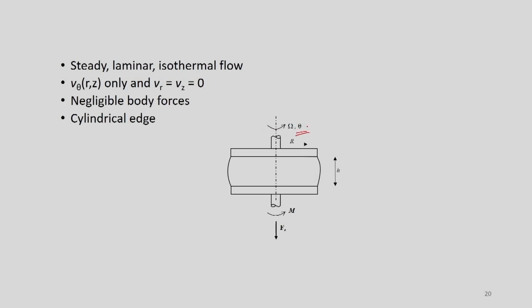So v theta exists, while Vr and Vz are small and negligible, and body forces are negligible. The fluid edges are cylindrical in nature, so one can use the cylindrical coordinate system for this particular geometry.